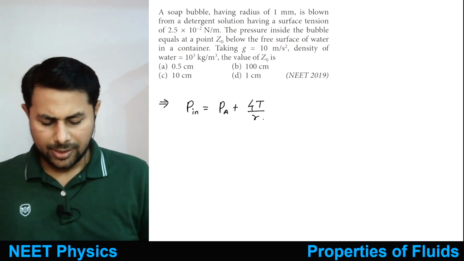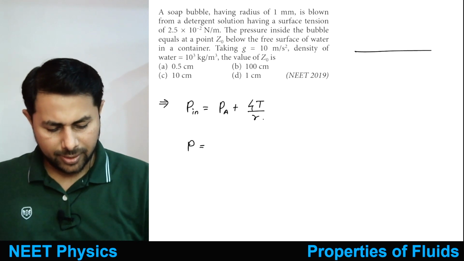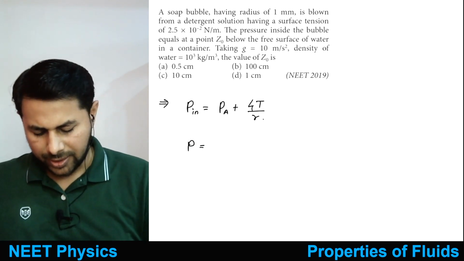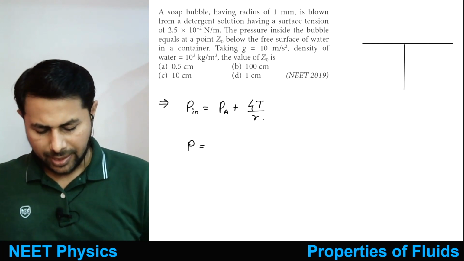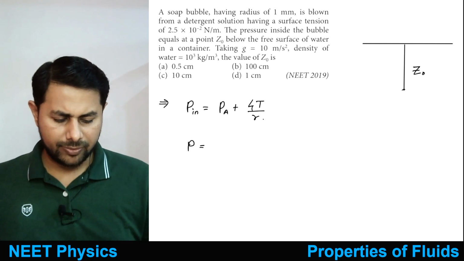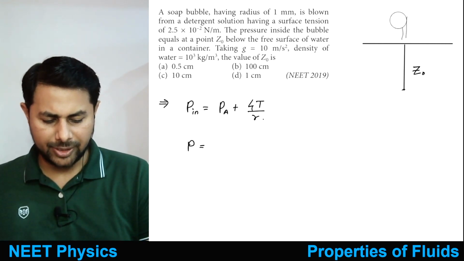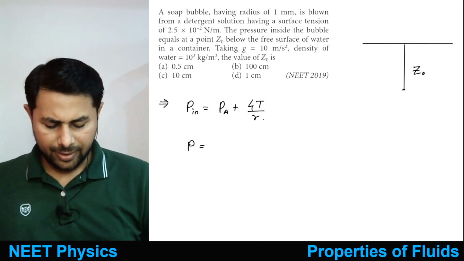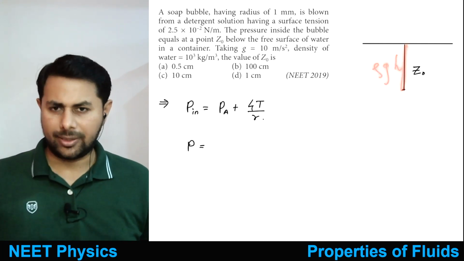Okay, so pressure inside a container at depth Z naught, this will be equal to what? There would be again some atmospheric pressure plus rho g h, and h is equal to Z naught.